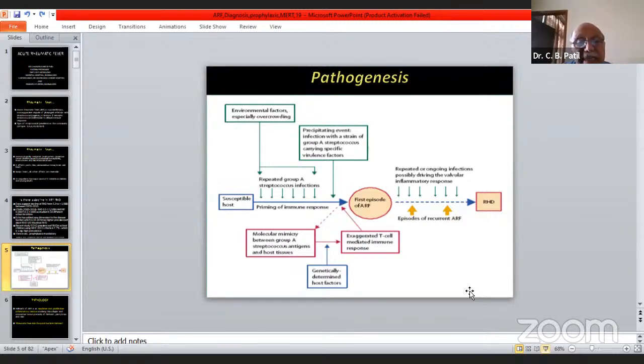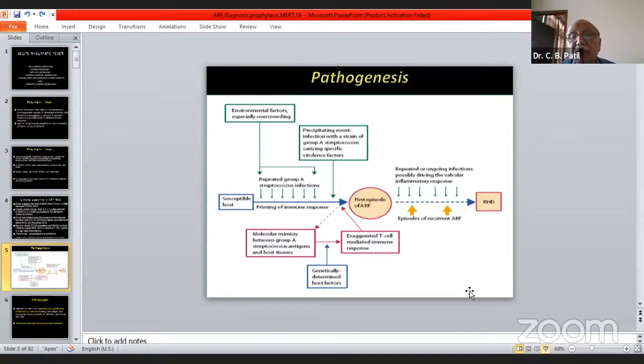Genetically determined host factors may be there, and the precipitating event is an infection with a strain of group A streptococcus carrying specific virulence factors. Once that antigen enters, there is molecular mimicry between group A streptococcus antigens and host factors, leading to an exaggerated T cell mediated immune response, and that further leads to the first episode of acute rheumatic fever.